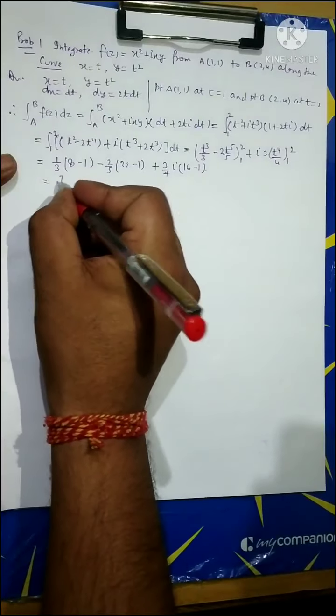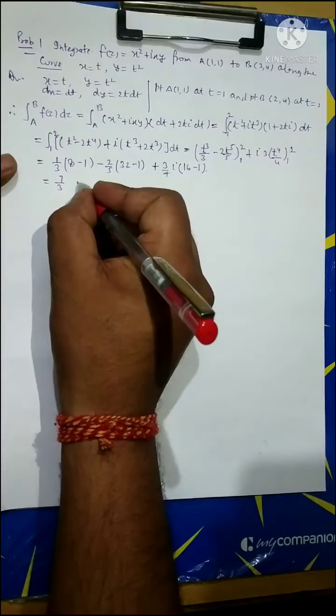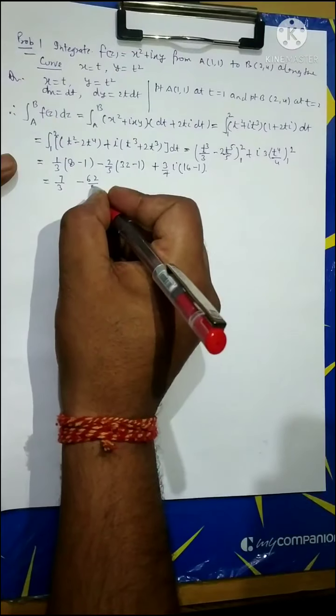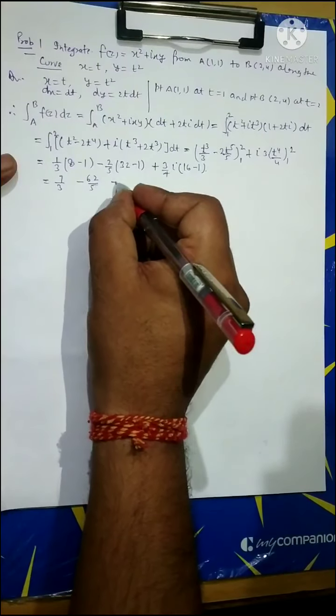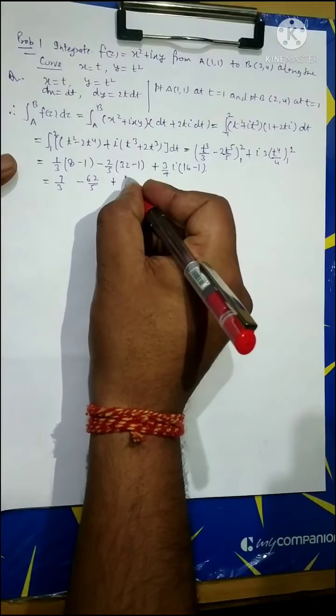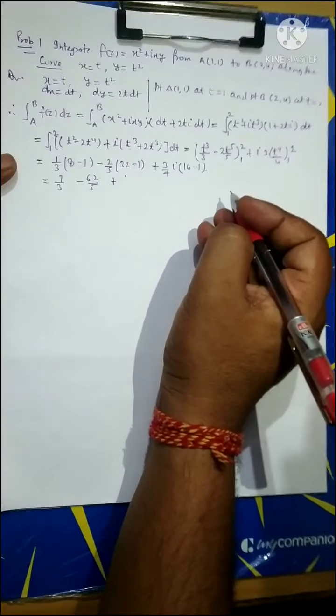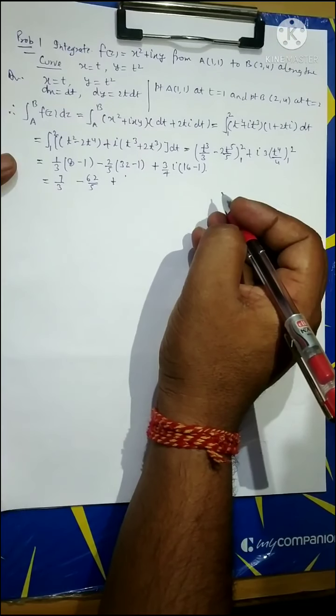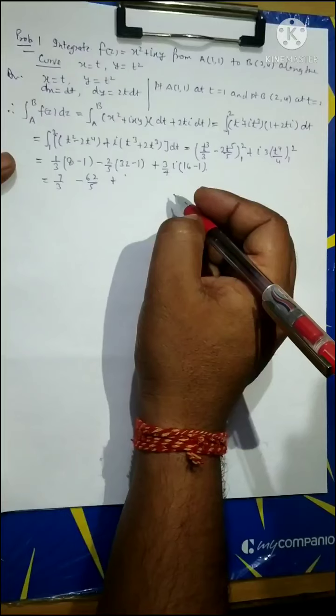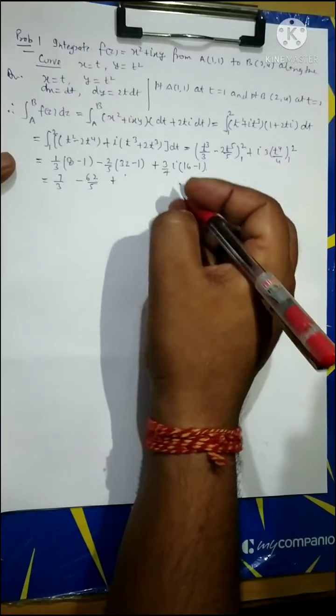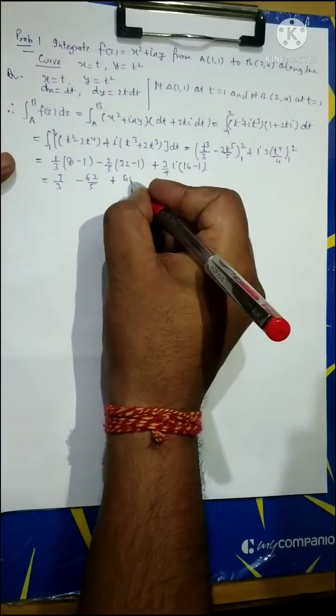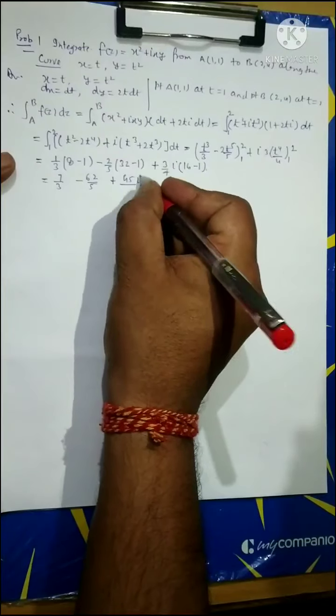This is equal to 7/3 minus 62/5 plus 45i/4.